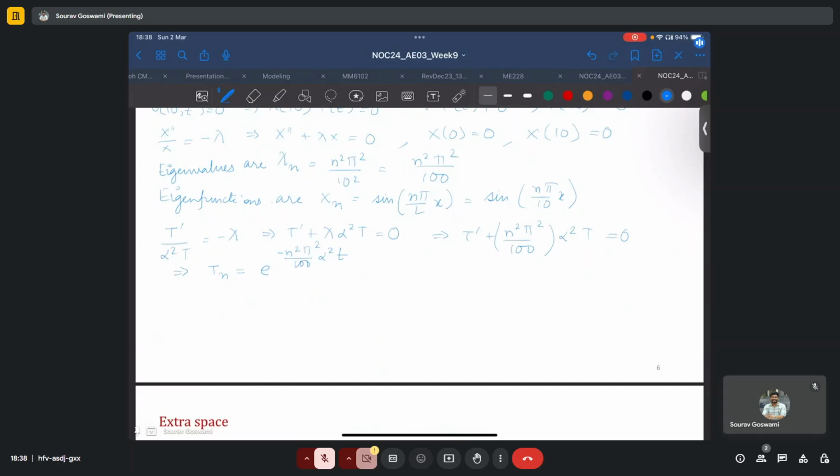Now we have both the eigenfunctions for X and T. So the fundamental solution, the function u n, which is the product of X n and T n, is equal to e to the power minus n squared pi squared by 100 alpha squared t times sin(n pi x by 10).